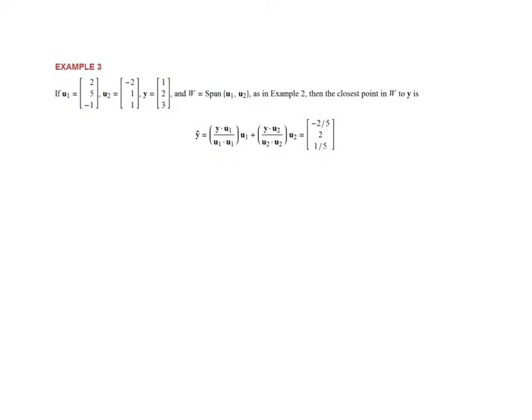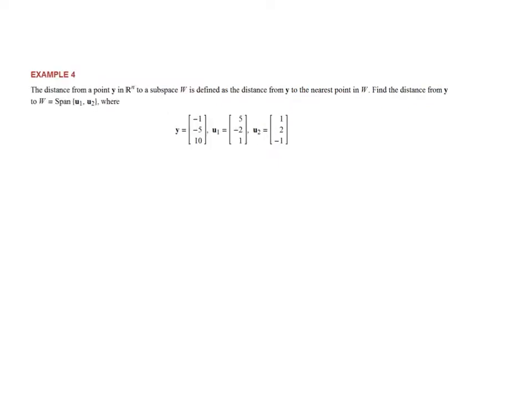In example 3, we're just pointing out that the vector that we found earlier, this y hat vector, is in fact the closest point in W to the vector y. In our next example, we're given a vector y. We're given some basis vectors u1 and u2, and the subspace W is the span of that set, right? So kind of the same setup that we've been looking at.